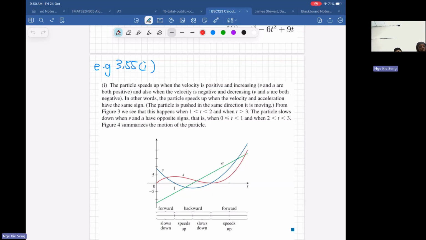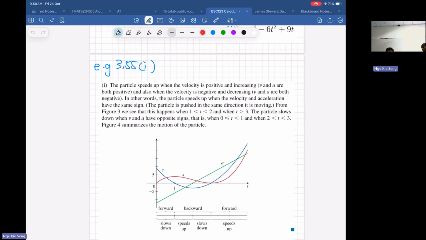Moving to the right. Actually, there's an assumption we make here, and maybe we should include it in the question. First of all, moving to the right is the positive direction.